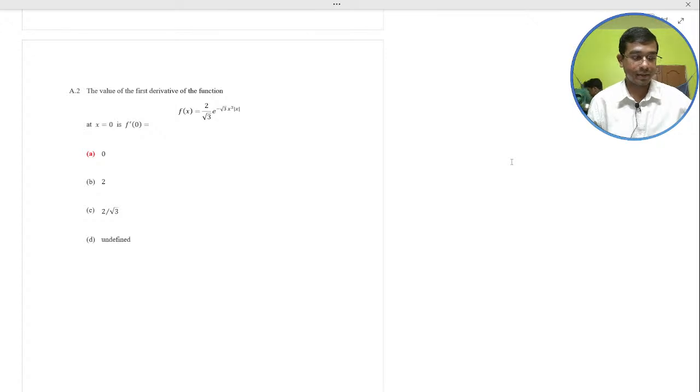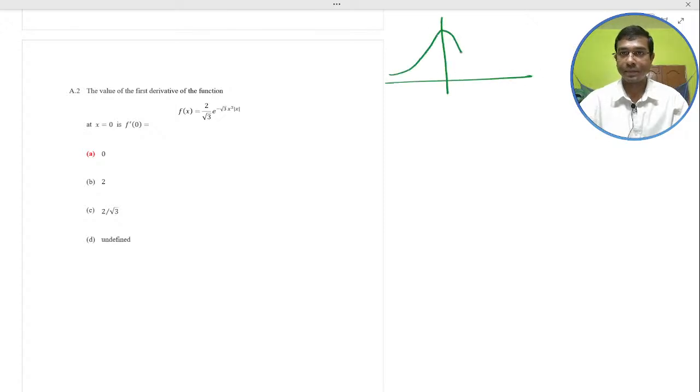So here it is given that this equation is basically a Gaussian distribution function, this type of. Okay. So f(x) is what? 2 by root 3 e to the power minus root 3 x square mod x.